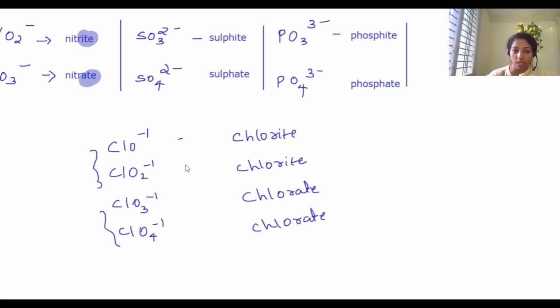Now the problem is, how do you distinguish these? What is the name? For that you can use a simple prefix. If very, very less oxygen, you can use the prefix hypo. If higher oxygen, you may guess hyper, but actually it is just per.